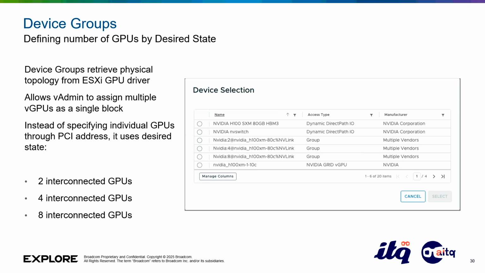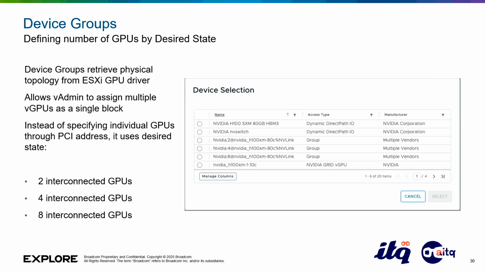On top of that, that doesn't mean that if you have an 8-way system, you need to assign 8 GPUs to a particular virtual machine. We can isolate a particular configuration to a particular virtual machine without impacting the other ones. We created device groups for that. So I hope you can see it a little bit, but in the middle you can see a very cryptic description saying, I got a group of 2 NVIDIA H100s with 80 gigs of memory, or 4 or 8.